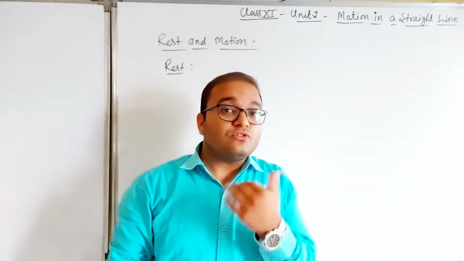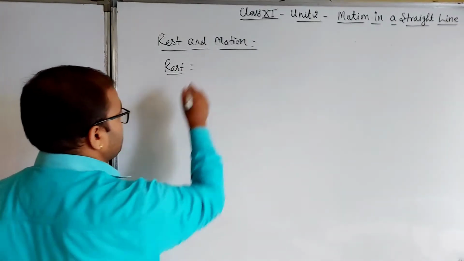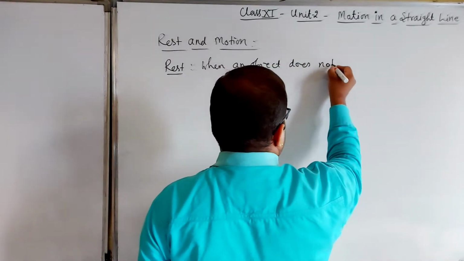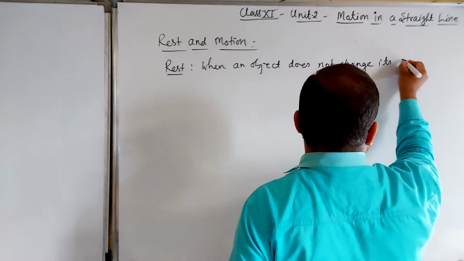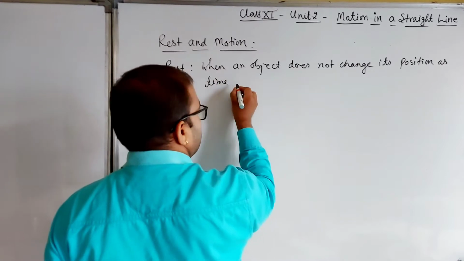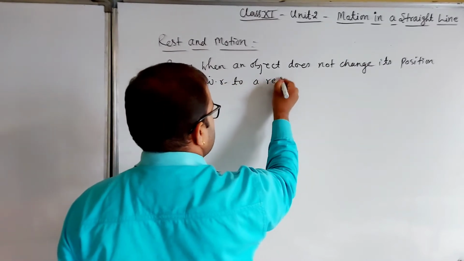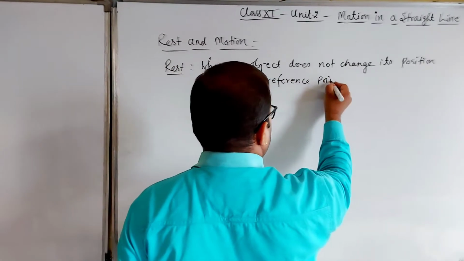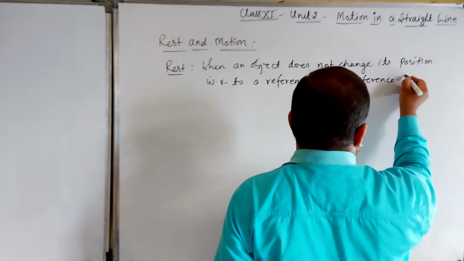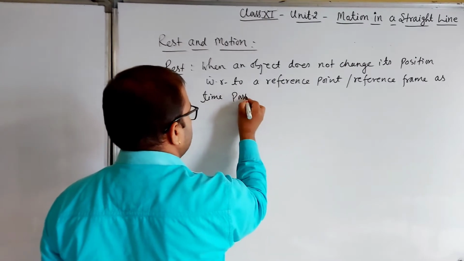When an object does not change its position as time passes, it is called the rest position. So we can define rest when an object does not change its position with respect to a reference point or a reference frame as time passes.